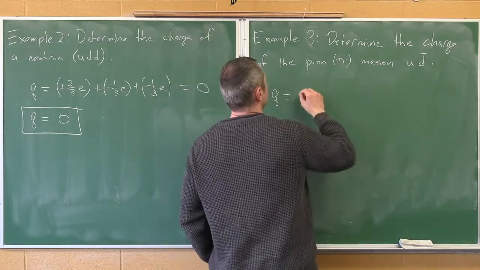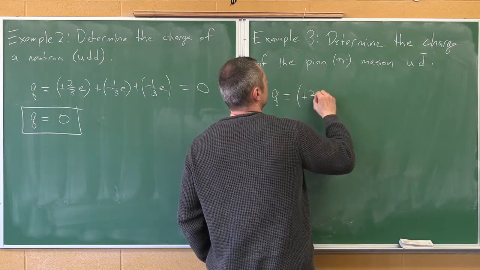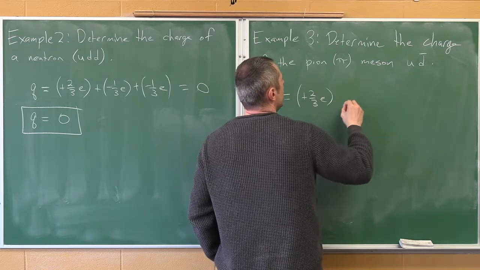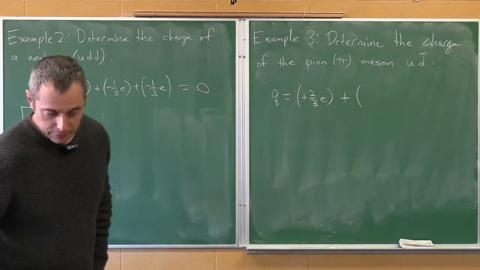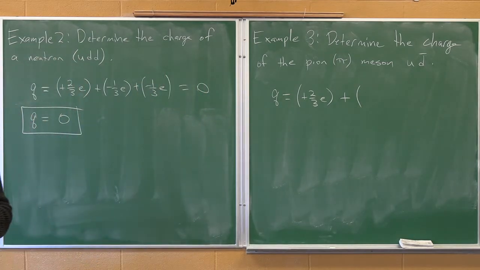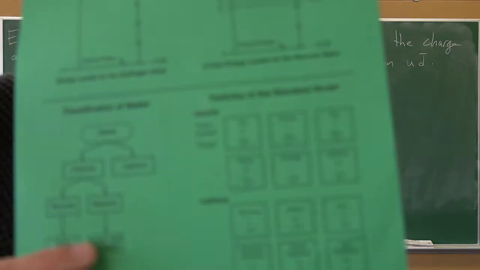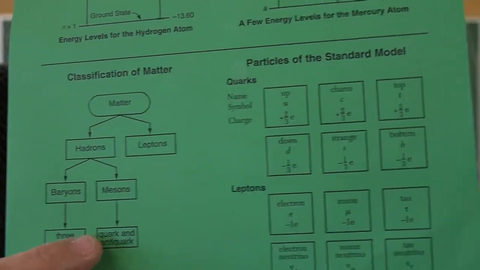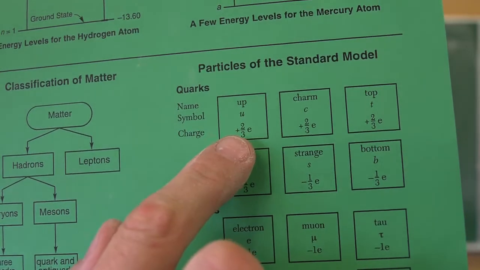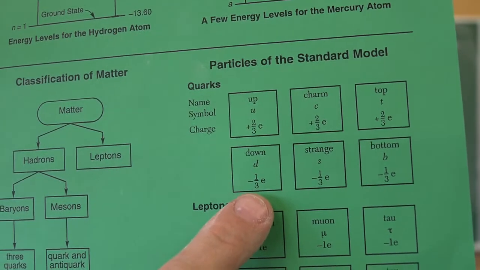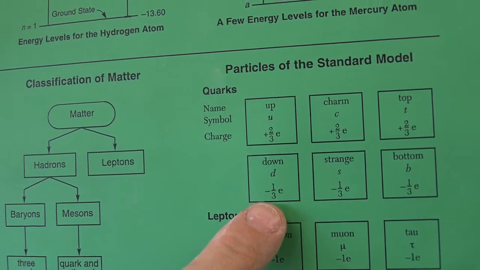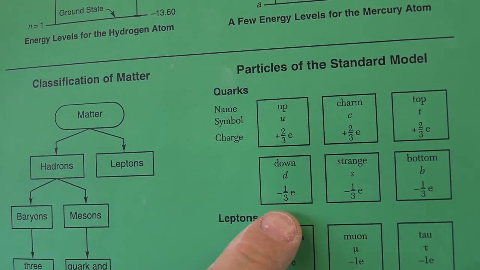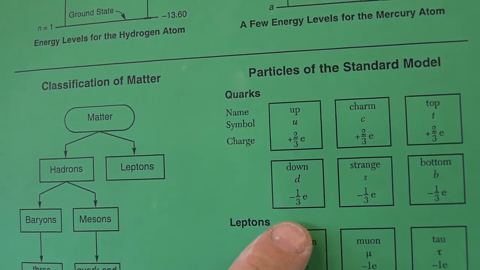We look up the up quark, plus 2/3 e. But then what about the anti-down? Well, let me come to the camera again. So I already looked up the up quark right there, plus 2/3. The down quark, negative 1/3. Well, the anti-down is the opposite sign. So it's like negative 1/3.